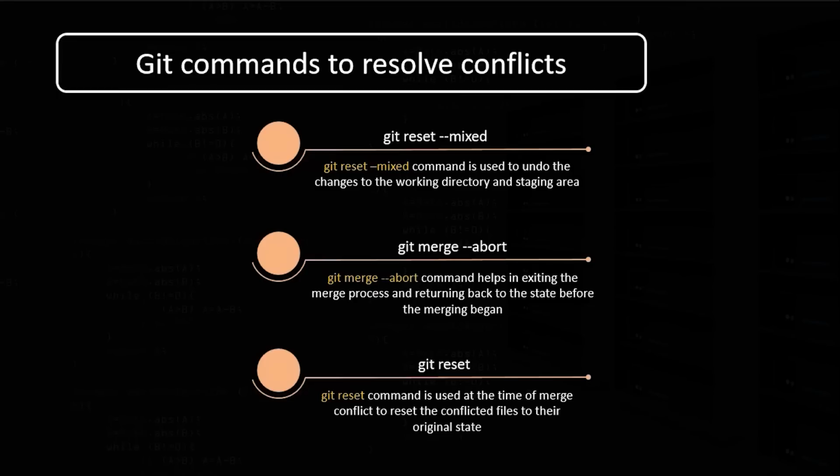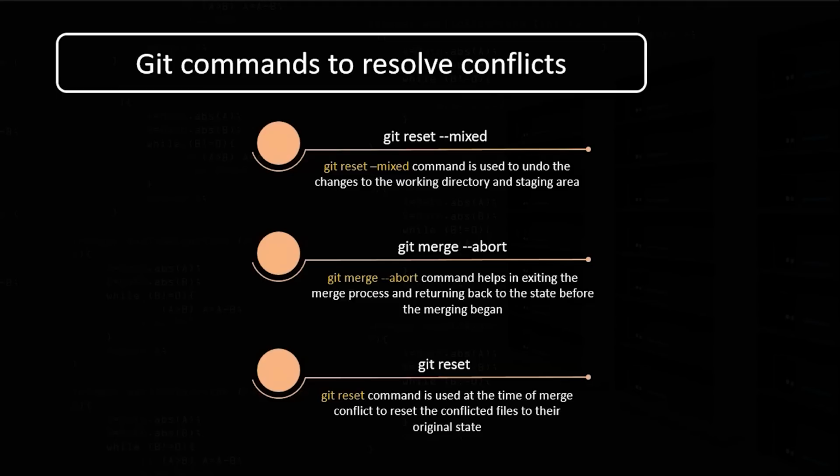And the last one is git reset. The git reset command is used at the time of merge conflicts to reset the conflicted file, so that we can go back to the state before the merge activity was started. So git reset will help me reset all the files which are in the conflicted area, and the latest files will be checked out and will replace them.